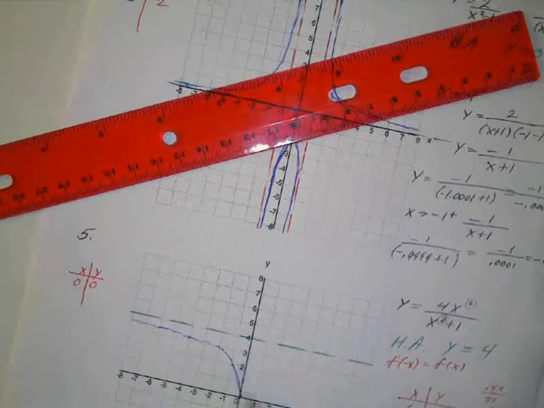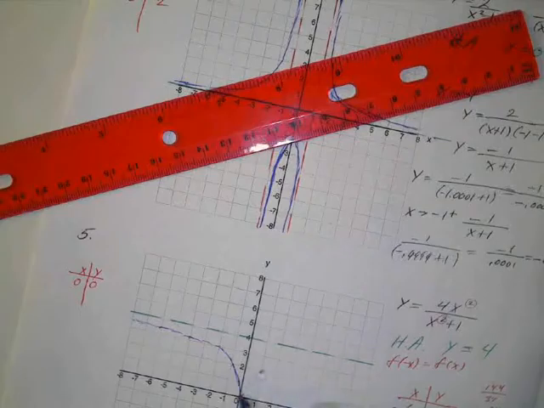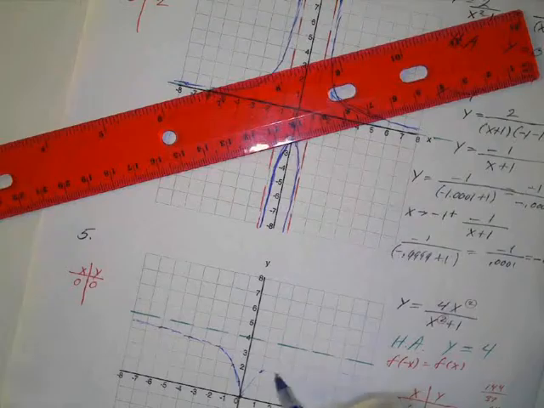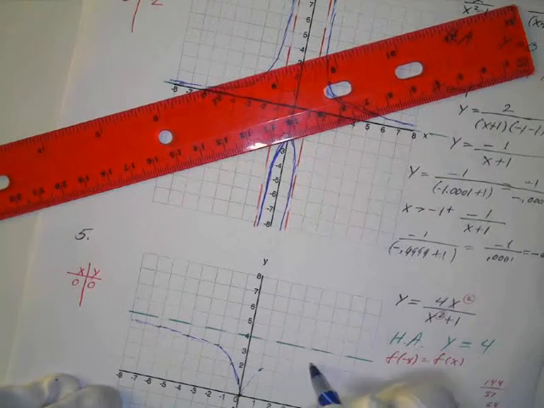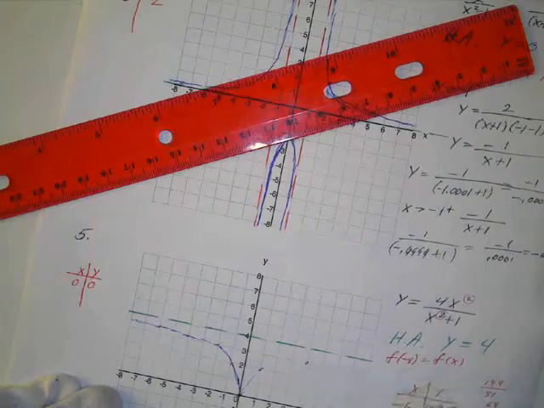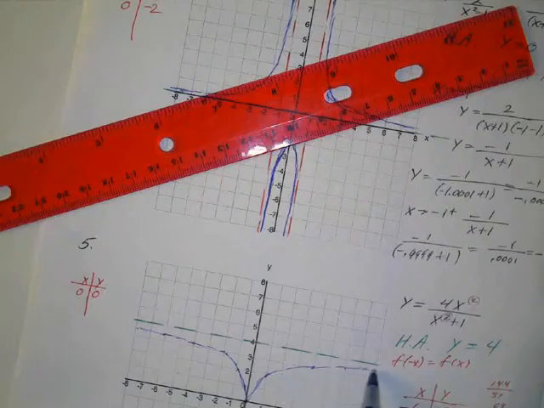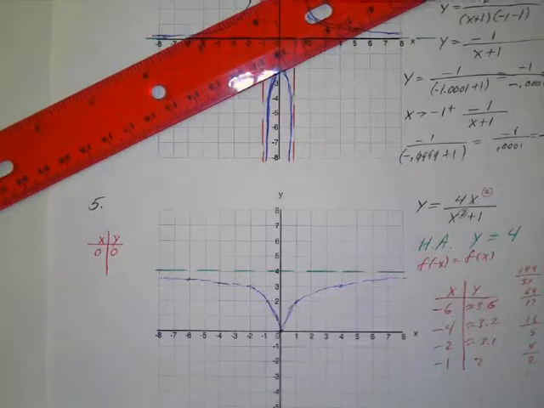And then we know it's symmetrical, so we can just put these on the other side. -4, we can put that up right over here. So it looks like we got something like that.